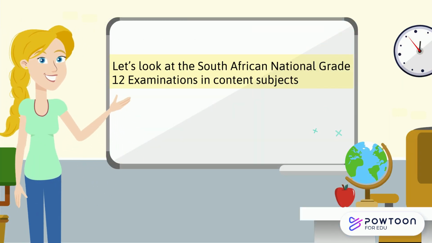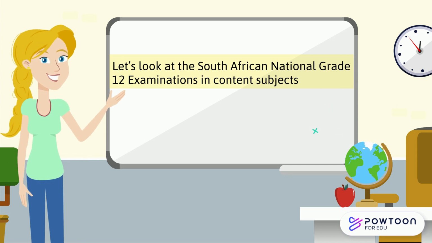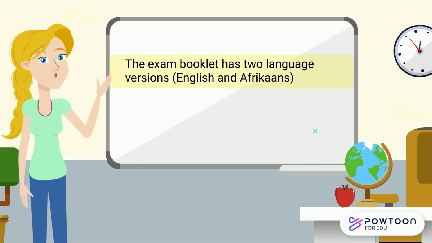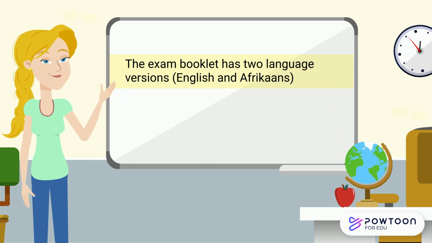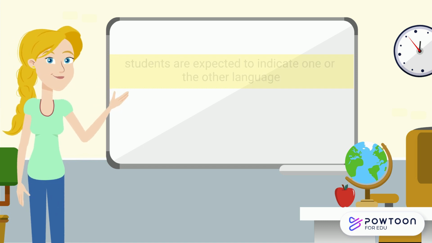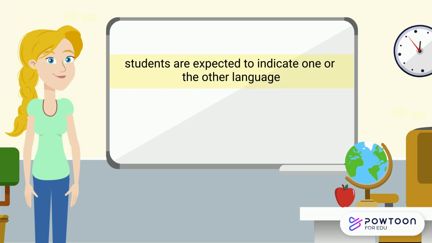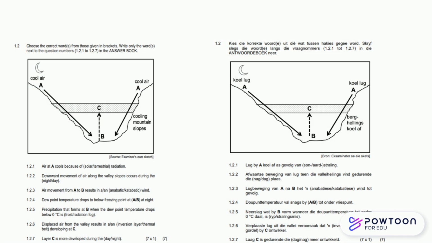Let's look at the South African National Grade 12 examinations in content subjects. The exam booklet has two language versions, English and Afrikaans. When registering for the exam, students are expected to indicate one or the other language. Here, we have evidence of multilingual assessment design. However, each question paper is monolingual.